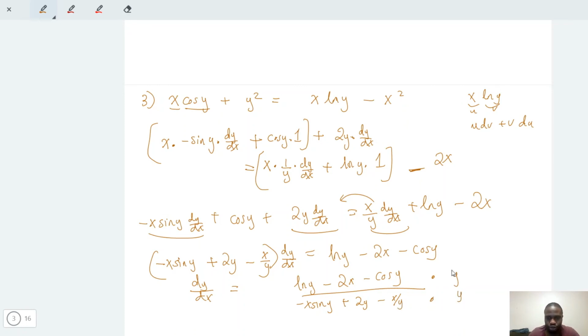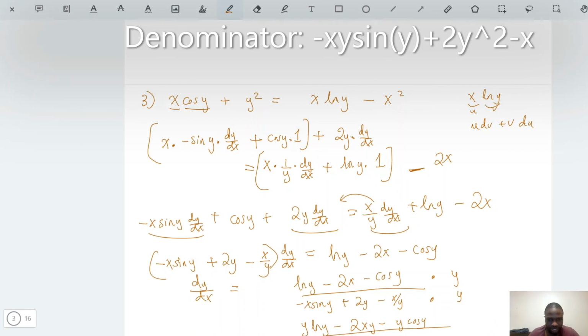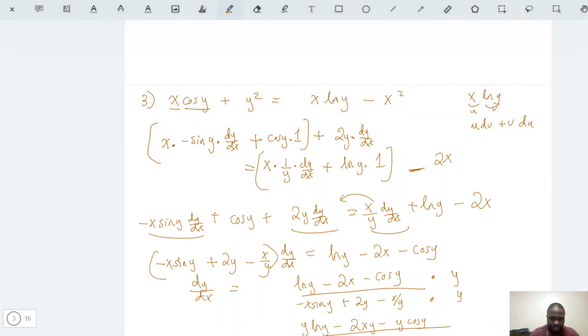So I'm going to multiply everything through by y on the top and bottom. So what do we have here? We have y ln y minus 2xy minus y cos y over minus xy sine y plus 2y squared minus x. Okay? So that is the correct answer.